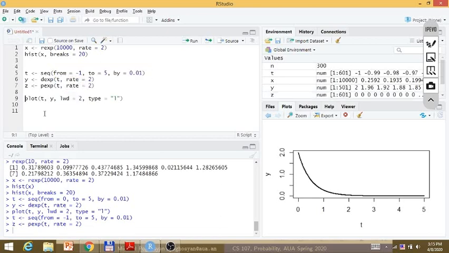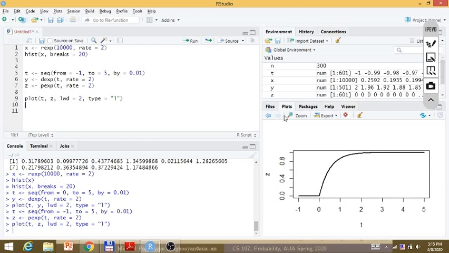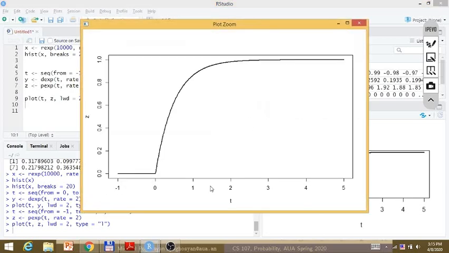And now I want to plot the points t, z. I'm running this and I have this kind of shape. As a legitimate CDF, it is tending to 0 at -infinity and it is tending to 1 at +infinity. So this increases very fast to 1. Okay, this is the CDF graph for exponential 2 random variable.